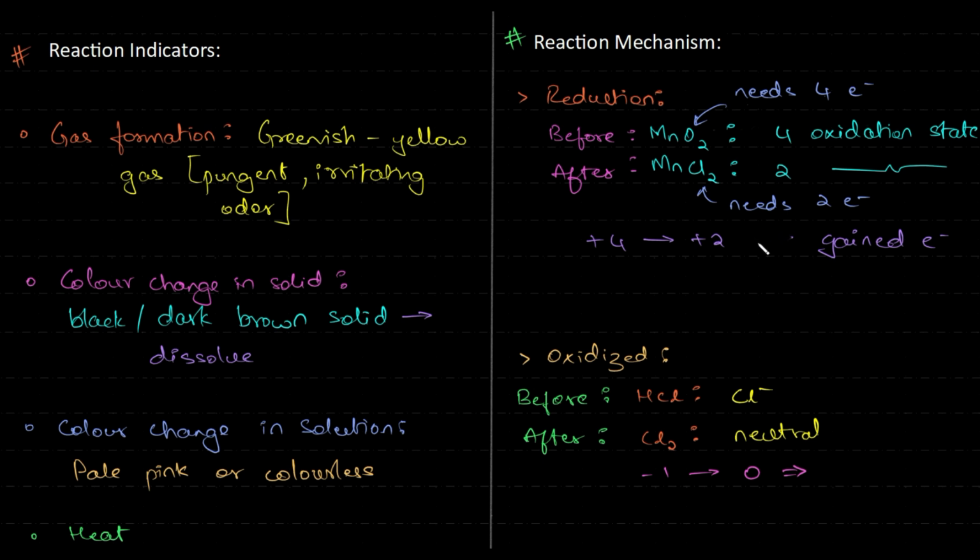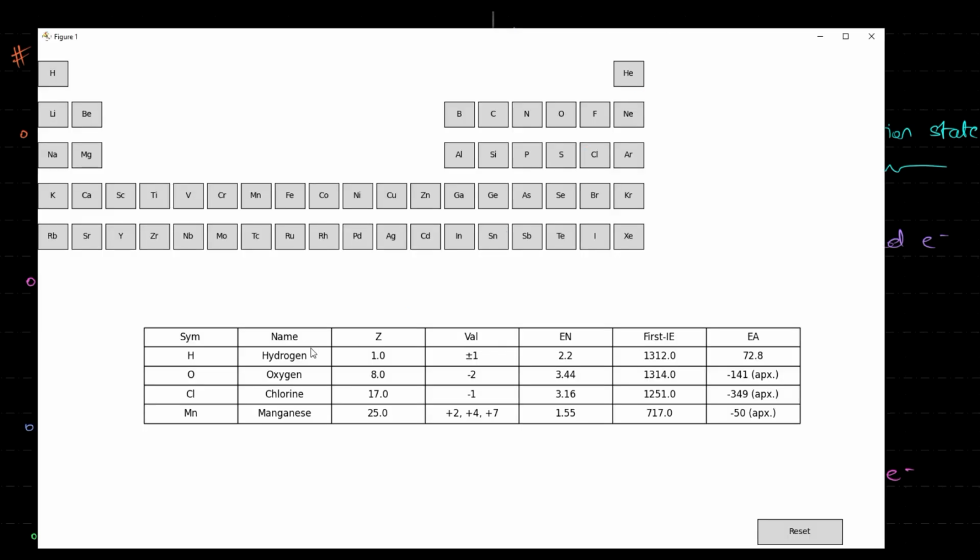This implies, let me write the implies symbol over here. Yes, it lost an electron and so it is oxidized. In HCl, chlorine will pull the electron, thus becoming negative, right? Chlorine, where is chlorine? It's over here. It pulls the electron from hydrogen and it becomes negative.